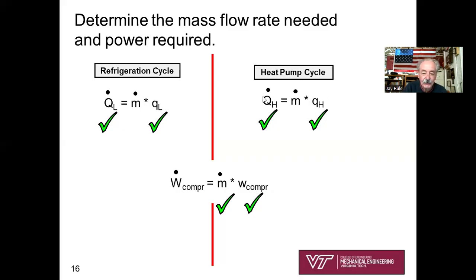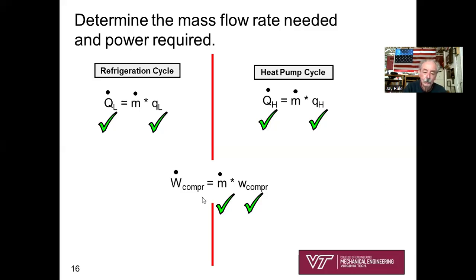Q dot is generally a given number. It's a little rare that you're given the mass flow rate and have to find Q dot. But this is the way you will find m dot, because you're typically given the heat transfer rate and you've already found little q in your analysis, whether it's one or the other.